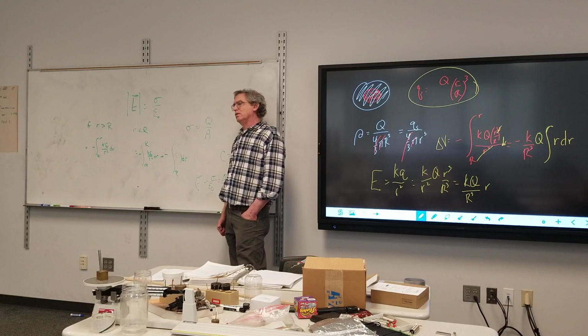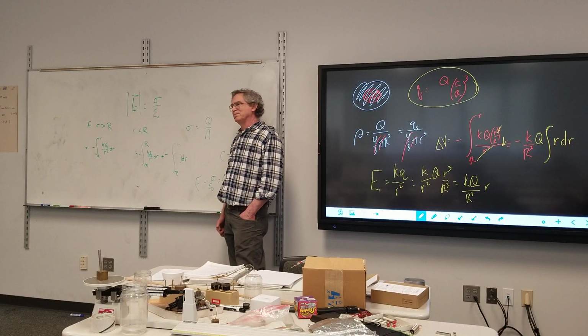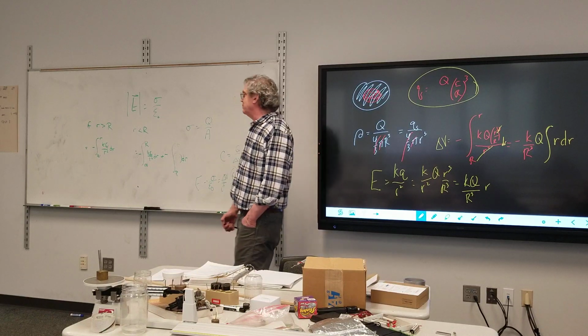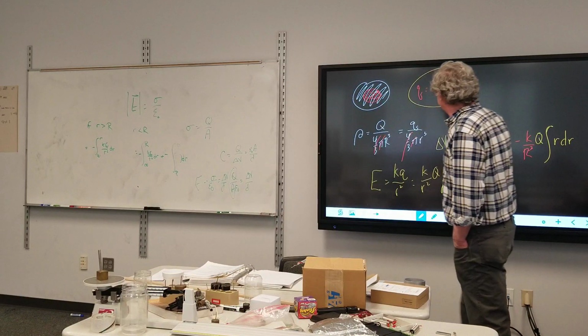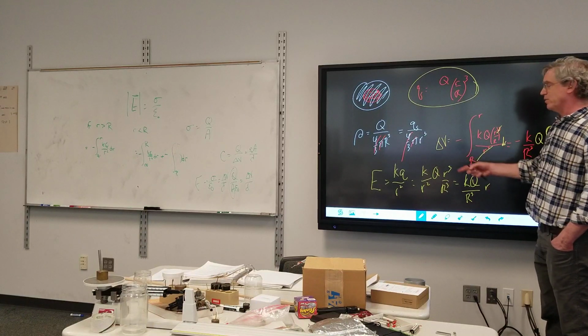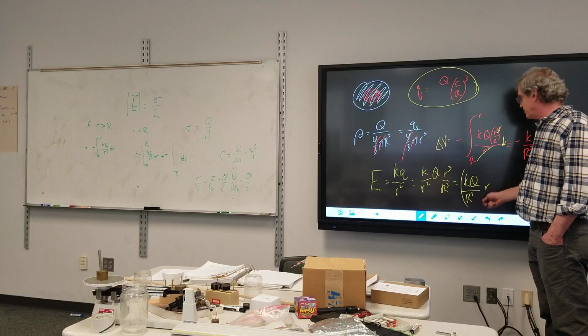I feel like that didn't quite do it for you. It's just a question about the graph of that. All right. So we get there's some constant times r. The electric field is just a constant times r.